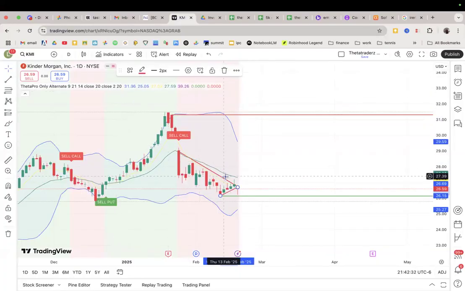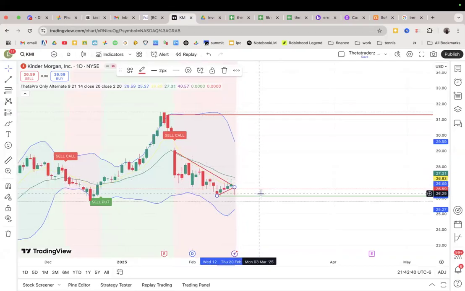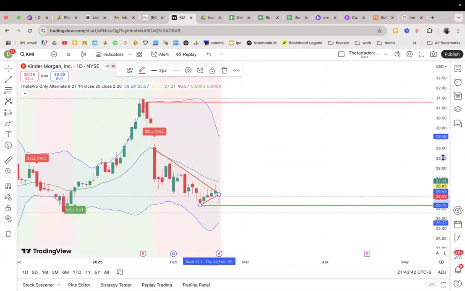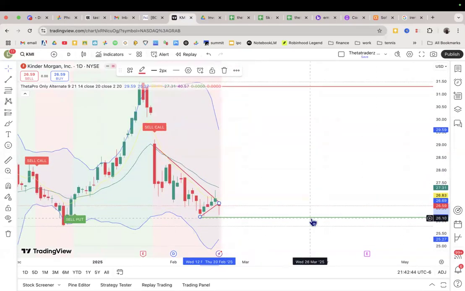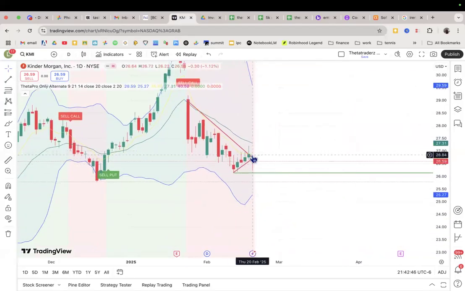The green EMA is the 21-day exponential moving average. This yellow line is the 9-day exponential. Right now, in the daily time frame, we're right near the yellow, so we're right near the short-term EMA. The longer-term EMA, we're below it.